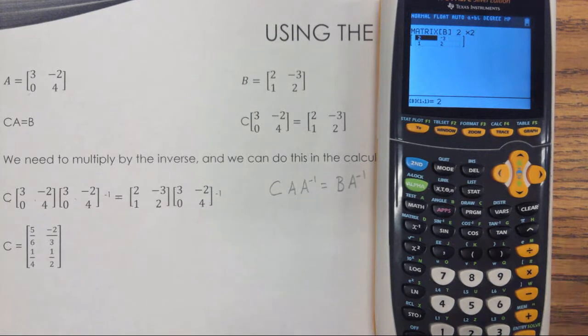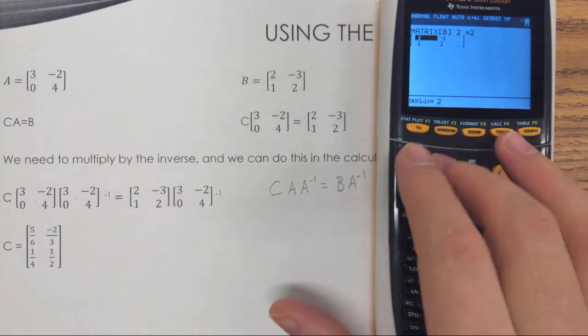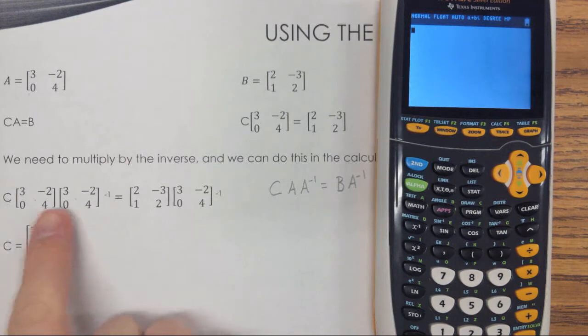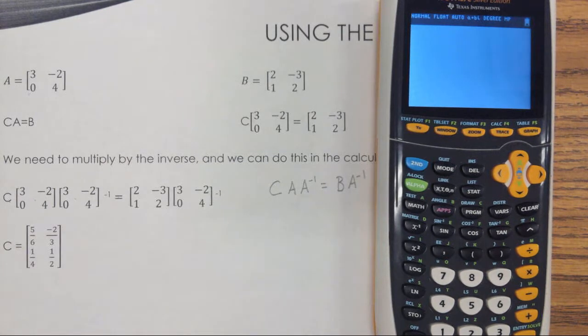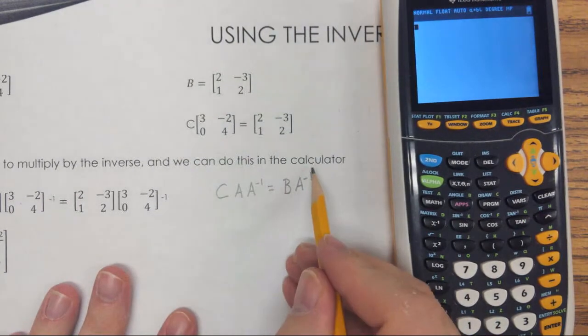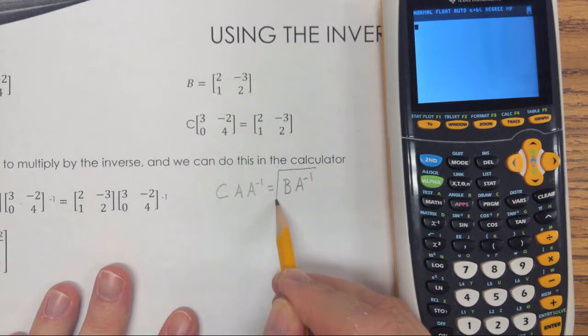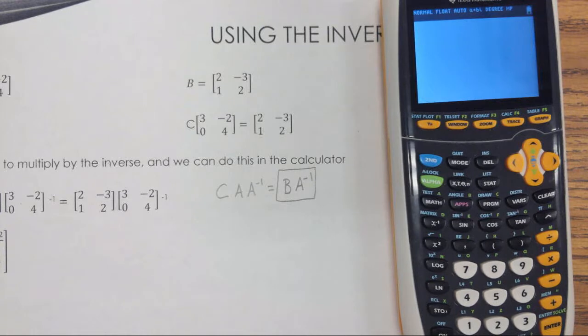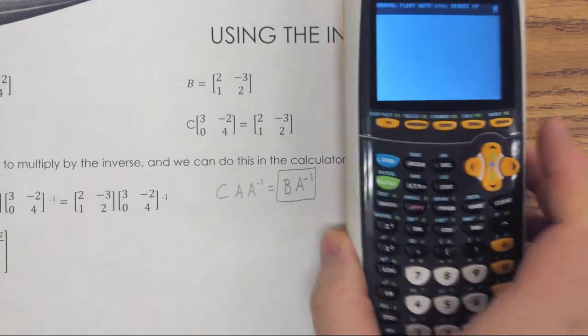Alright, now I'm going to be entering these numbers in. And really all I have to do now, I just have to do this side of my equation. So I'm going to take matrix B and multiply it by A inverse.